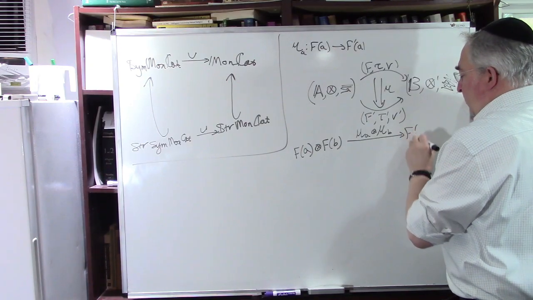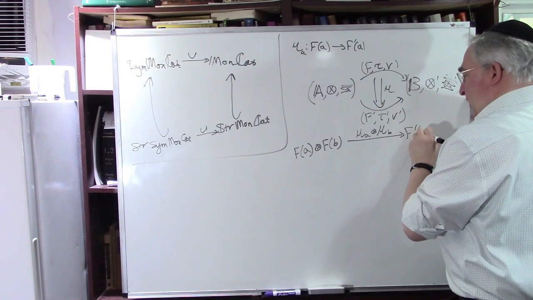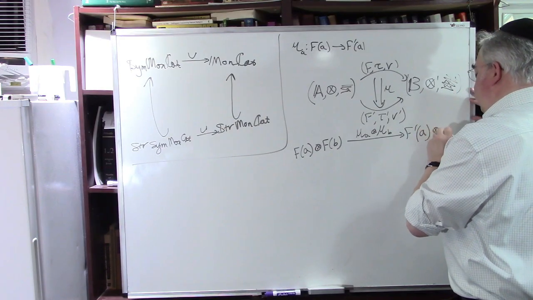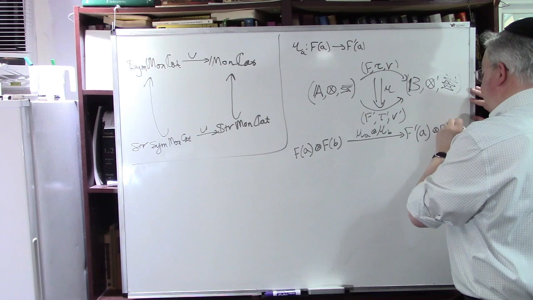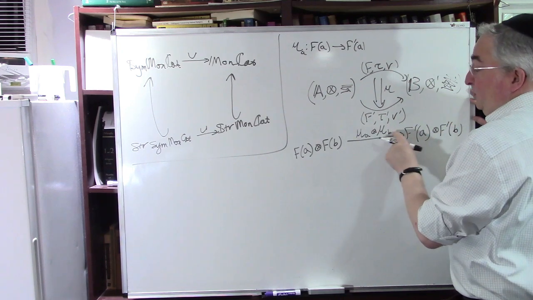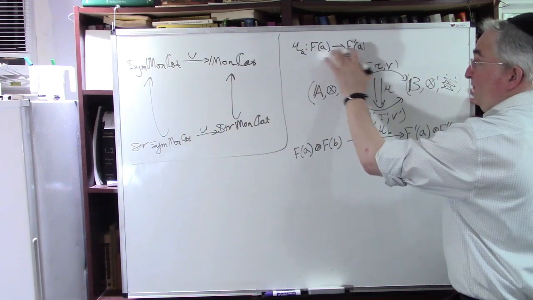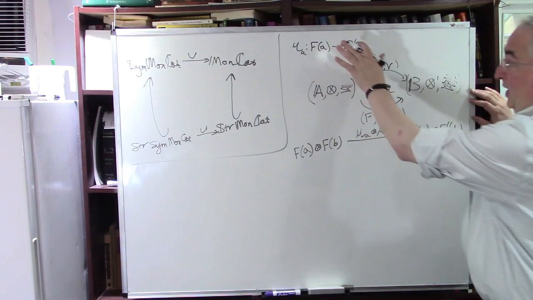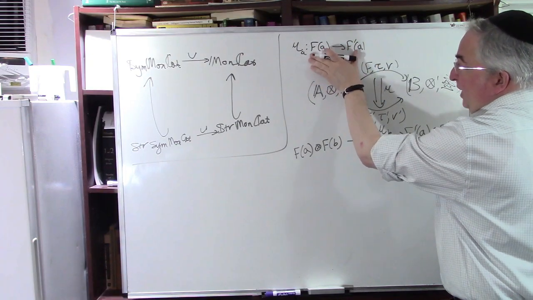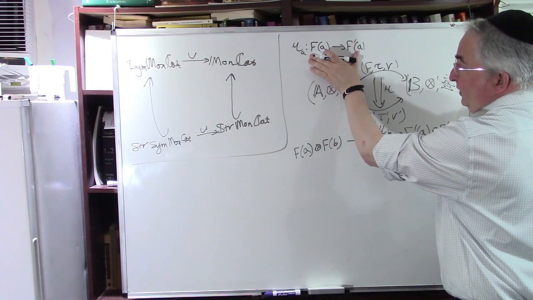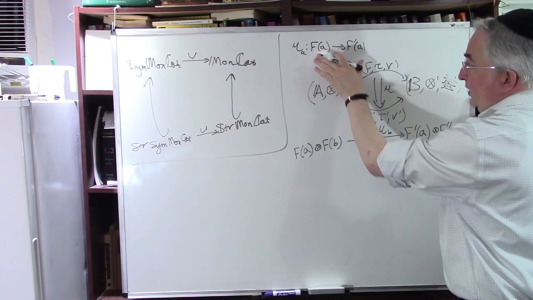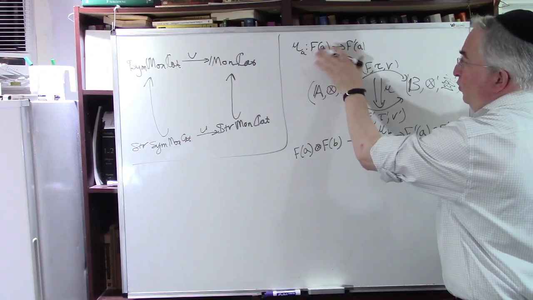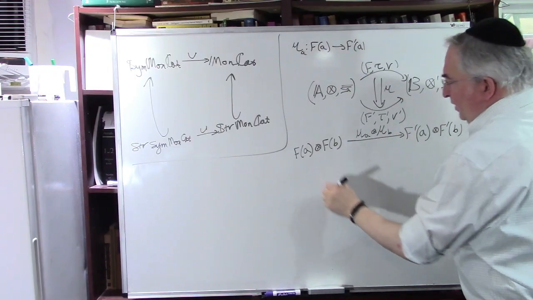F prime of a tensor F prime of b. That's exactly what the mu's do. They go from F to F prime. So that's exactly what we did here. Classically, in chapter 4, we didn't care about the tensor product, but now we have to care about the tensor product.